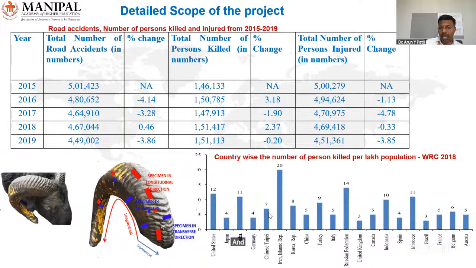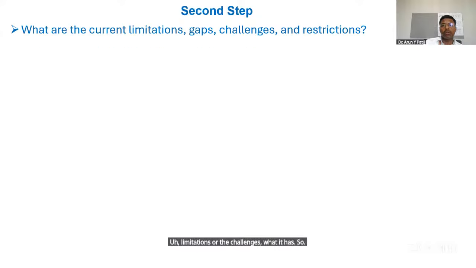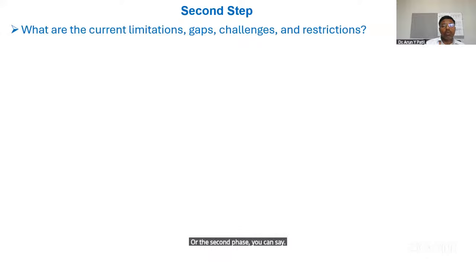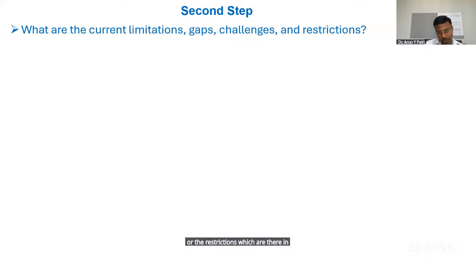At the same time, when we checked across populations and country-wise data, India is somewhere around the third or fourth position. So this created a lot of avenues for us to look into the limitations and challenges. Now I am coming to the second phase, wherein we would like to understand the current limitations, gaps, challenges, or restrictions in that particular problem.